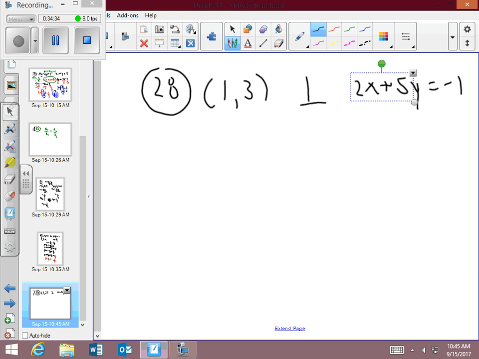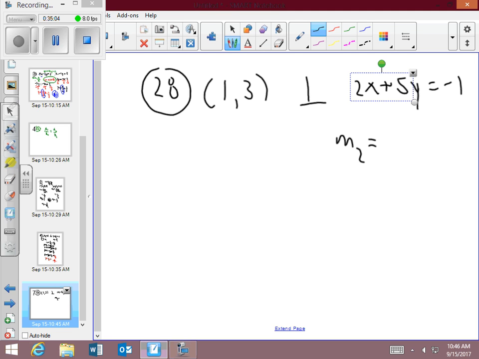Now what do we need to do? What's going to be our process? You need to take the 2x plus 5y equals negative 1. Okay, we need to find the slope of this one, right? We can do y equals mx plus b, but what did we just say there's an alternative way to find the slope? Remember we spent some time with it?